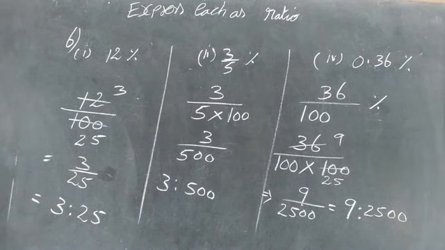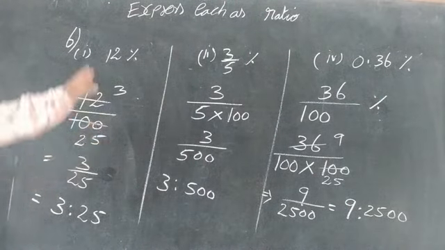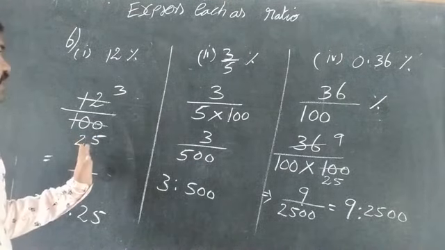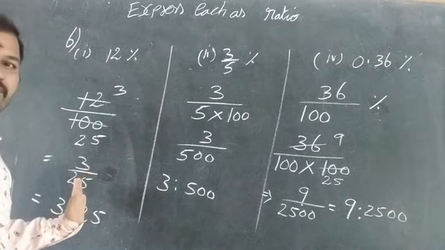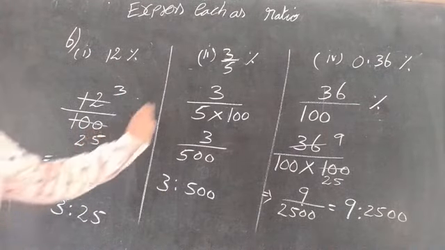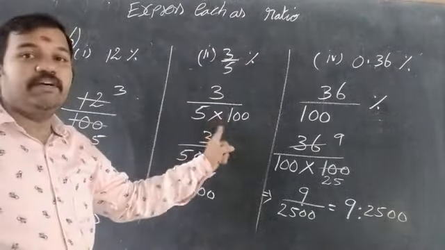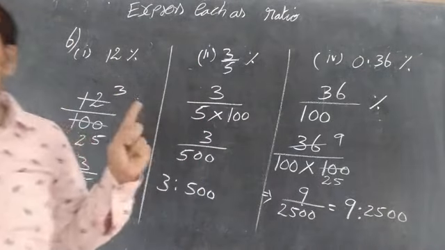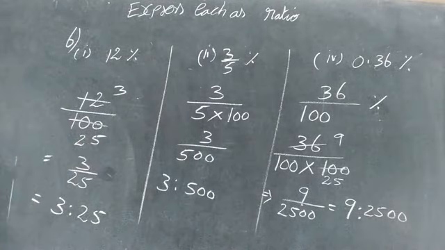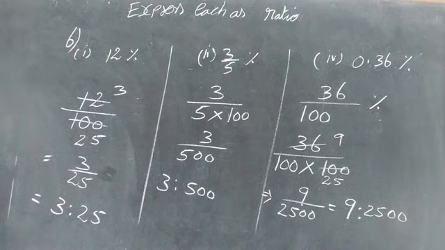So see that sum. Conversion: the percentage symbol comes as 100. And cancellation, they ask in the form of ratio, 3 by 25. I used the 4 table. Here 3 by 5, this percentage always comes to the denominator. When the percentage symbol is given, it will come to the denominator.